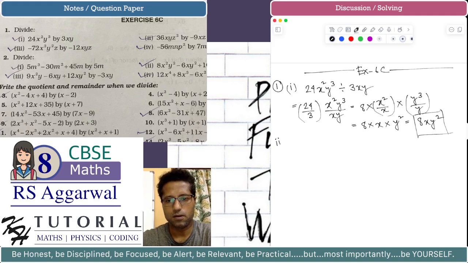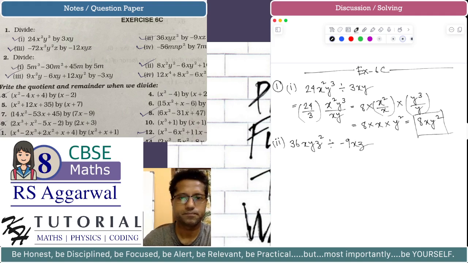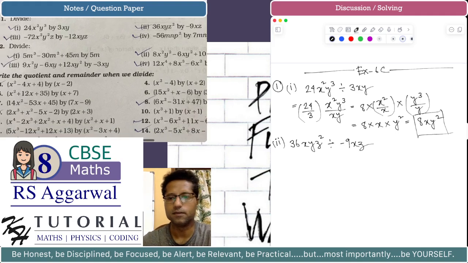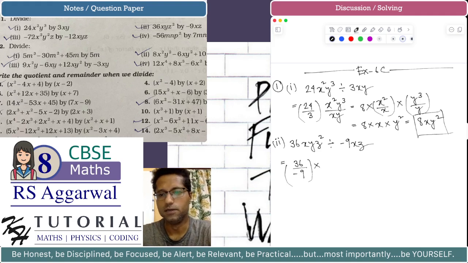Let's do part 2. We have to divide 36xyz square by minus 9xz. So first we do the division of the coefficients, that is 36 divided by minus 9, and then we divide the literal coefficients.